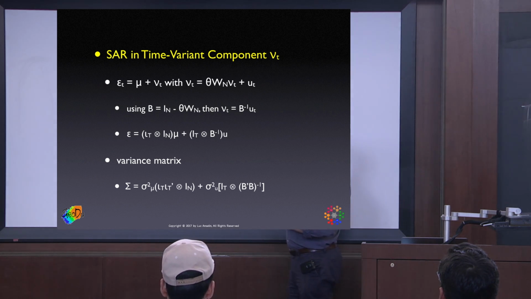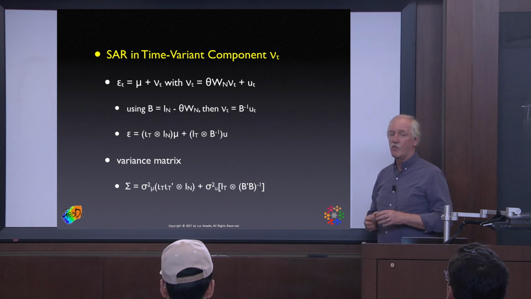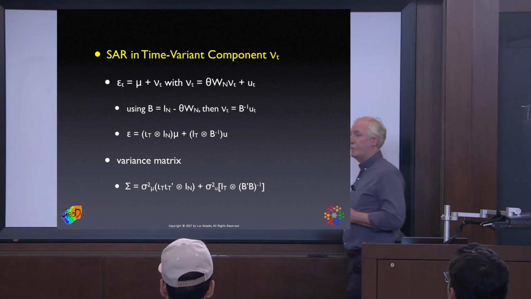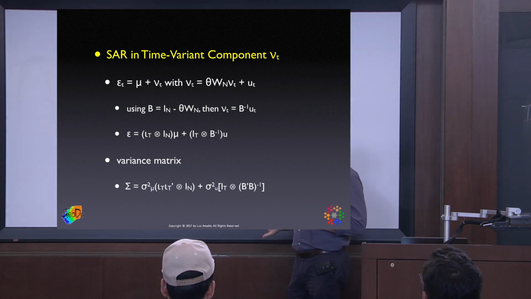Then we can express this time varying error term in each time period, and that's very important, in each time period, as B inverse times the remaining error term. So then for all the time periods, we have our friend the identity matrix Kroneckered with this B inverse. So that's a block matrix, B inverse, B inverse, B inverse, and so on, right?